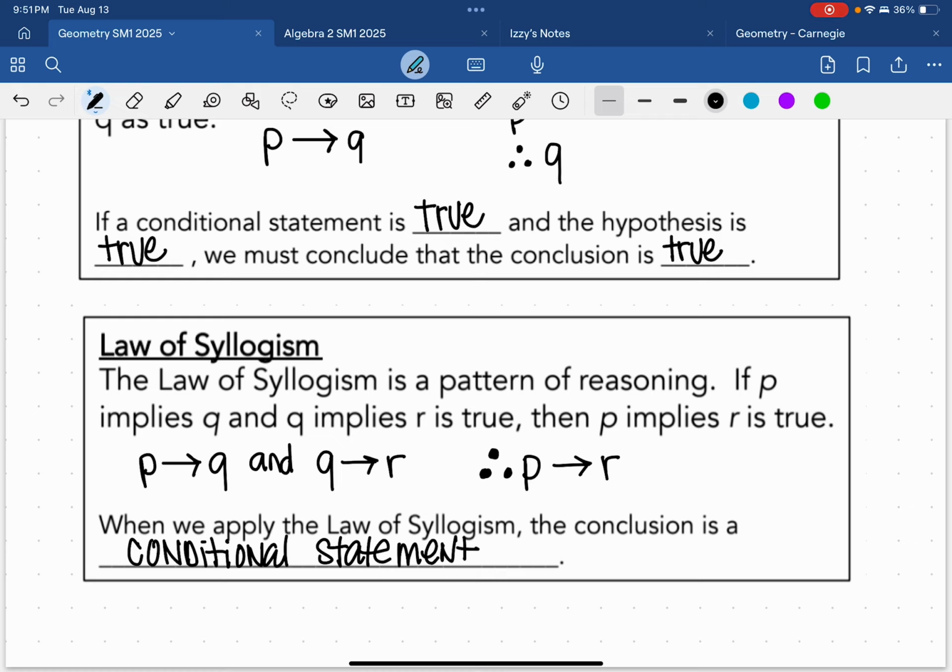So if this happens, then that happens. And what the law of syllogism says is if this happens, that happens. If that happens, then this other thing happens. So basically, because you do have this repeat right here with your Q statement, you can go from P to R and you can skip all this stuff in the middle.